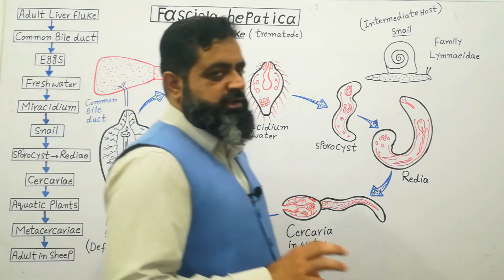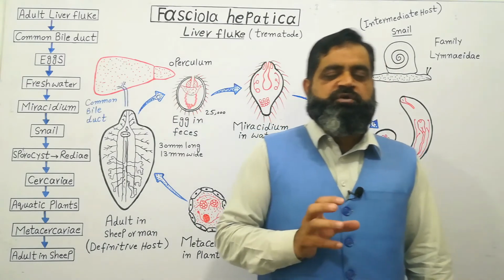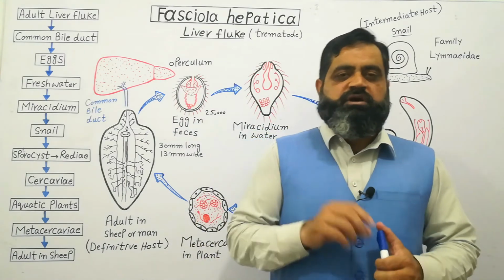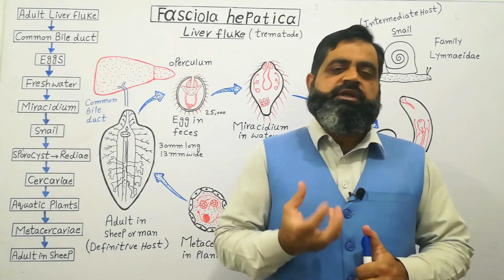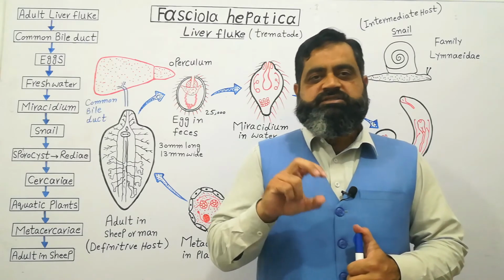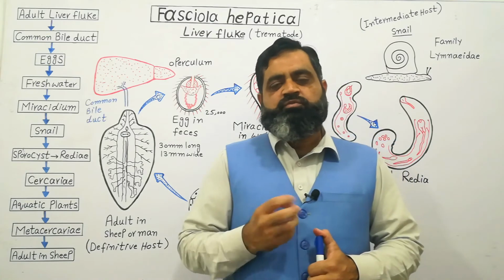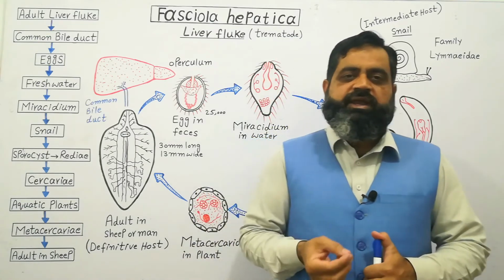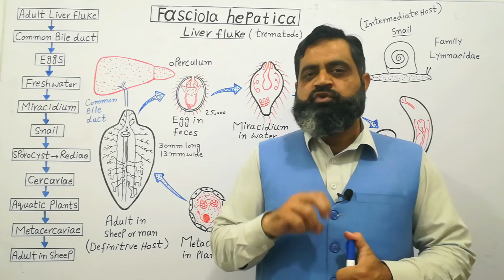Now when an animal like sheep or buffalo eats that plant, or a human eats an aquatic plant like watercress, this Metacercaria, which is a dormant form of larva, enters the digestive system of human or cattle.